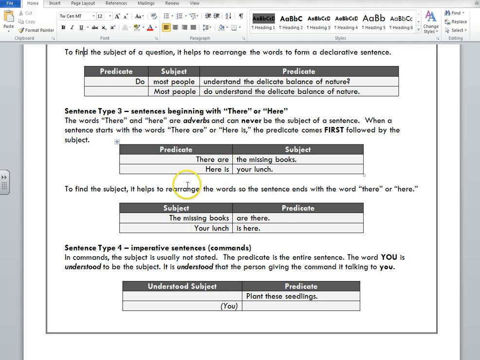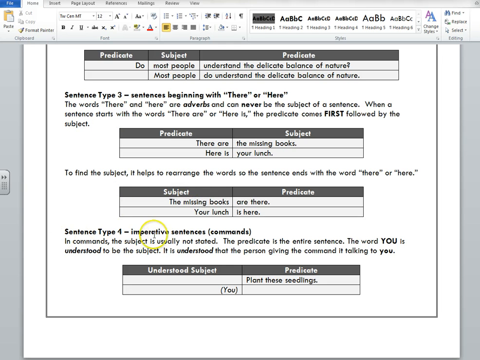Okay? The last type we're going to look at is your imperative sentence, or your commands. In an imperative sentence, the subject is usually not stated. It's not in the sentence. The predicate is the entire sentence. The word you is understood to be the subject. We call it the understood subject.